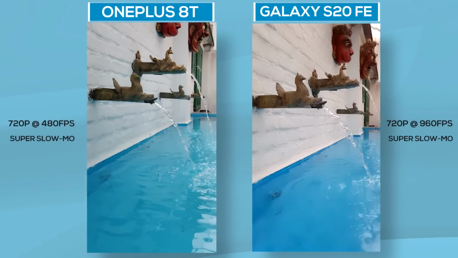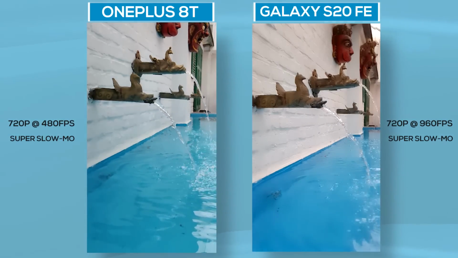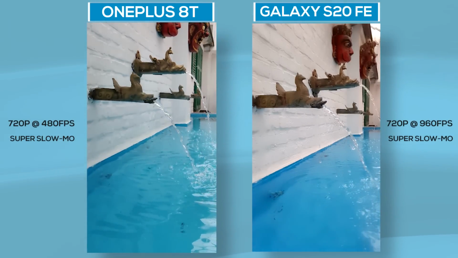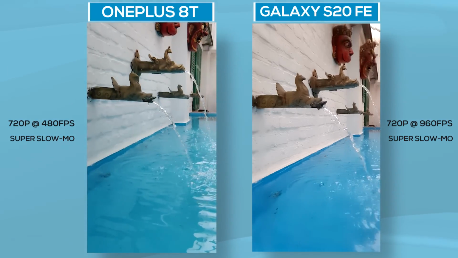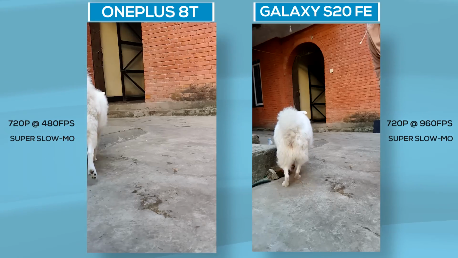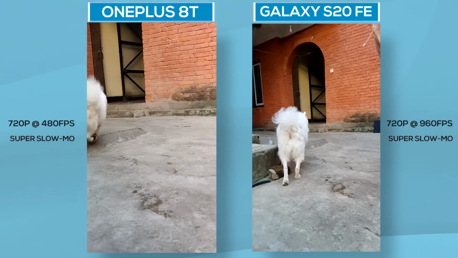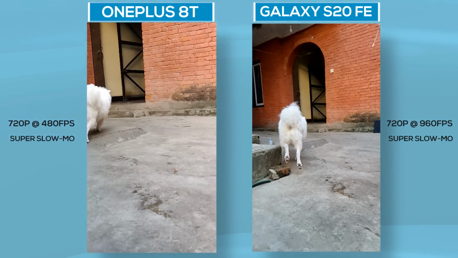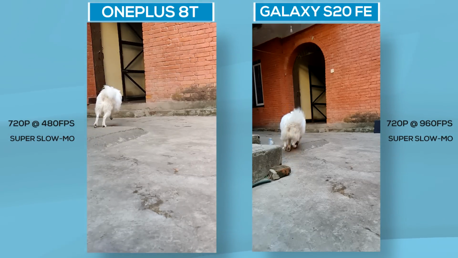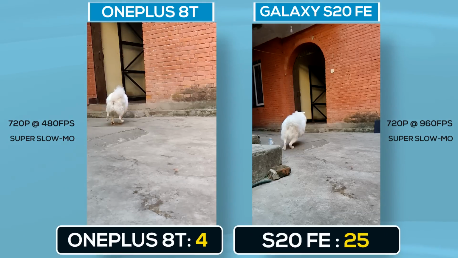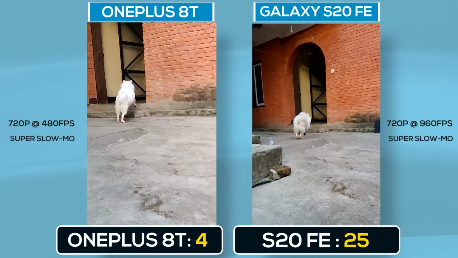Similarly, the OnePlus 8T can shoot super slow-mo videos at 480 FPS at HD resolution, whereas the S20 FE can go up to 960 FPS at HD resolution. From this sample footage, it is clear that the quality on both is just subpar and the video has come out sort of grainy. So it is only fair to not offer any points to both phones in the super slow-mo category, while the S20 FE wins the slow-mo video round.